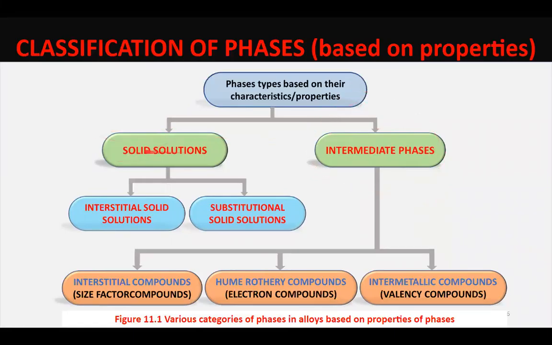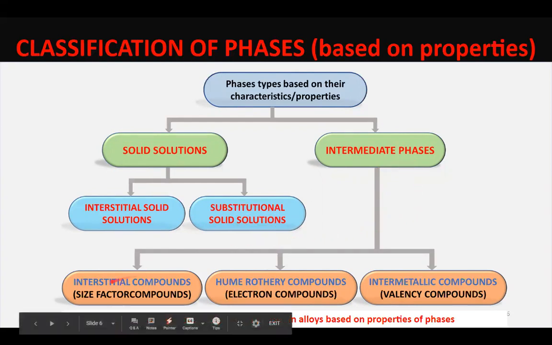This first category, solid solution, has two further types: interstitial solid solutions and substitutional solid solutions. And this intermediate phase type has three types. One are called interstitial compounds or size factor compounds. The other are called Hume-Rothery compounds or electron compounds. And the last category under intermediate phases is intermetallic compounds, or what are also called the valency compounds. Okay.